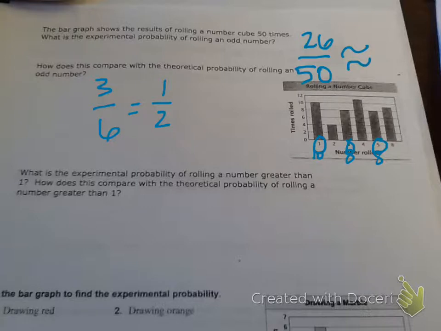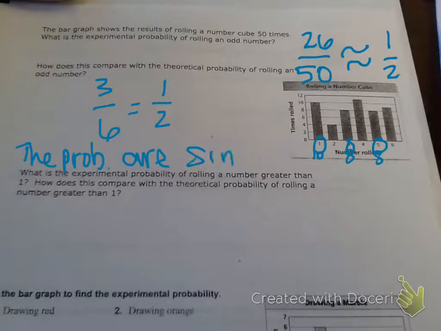So those squiggly equals signs mean about, or close to. So I would say that the probabilities are similar. They're really pretty close.